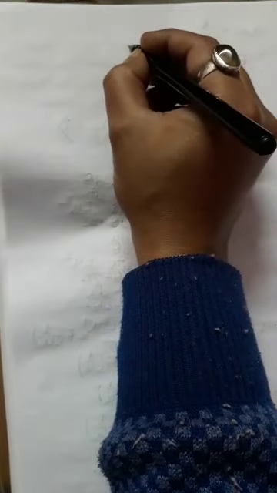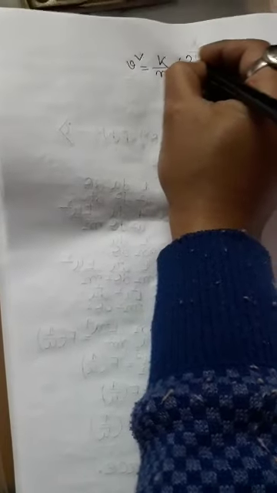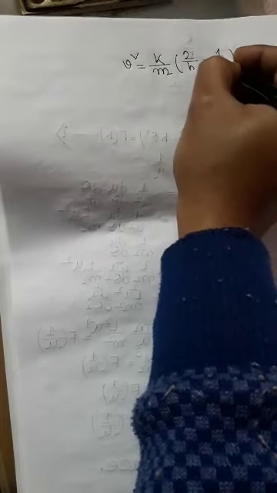So for that particle, if v is the velocity, we have to show that its velocity can be written in this way: k by m into 2 by r minus 1 by a, where k is a constant, m is the mass of the particle, and a is the semi-major axis.